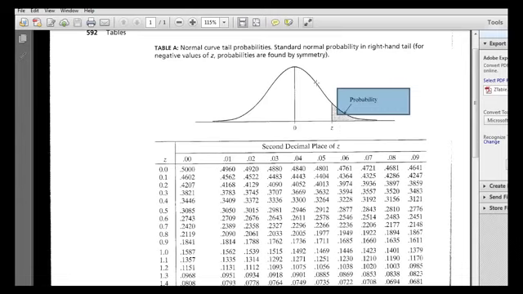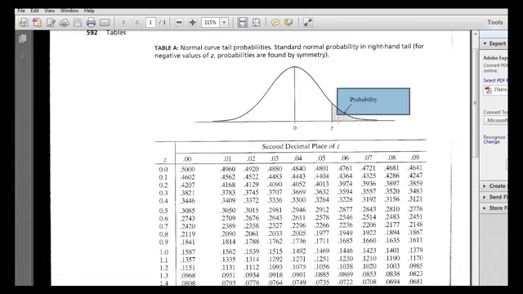So you can think of this p-value in two ways. You can think of it as a probability: what is the probability that if I randomly select an x or a z, that value will be in this little gray area? Or you can think of the p-value as a proportion, which means what is the proportion of all of the possible values that are to the right of any specific point.